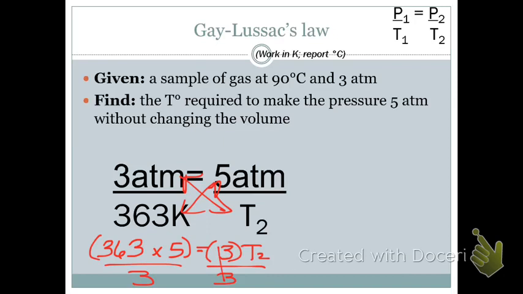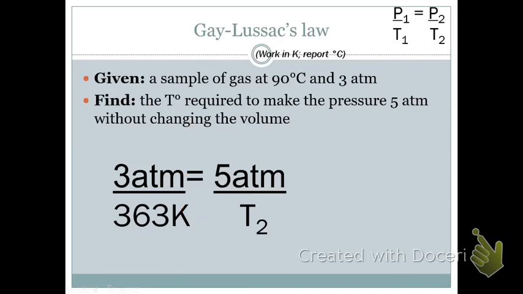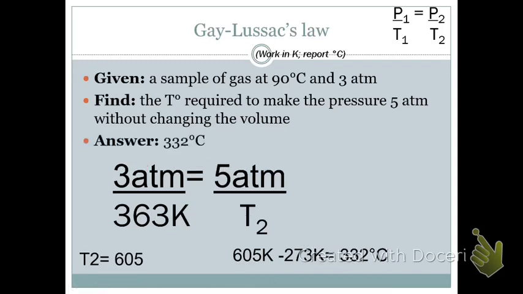Press your equal sign, and that is going to give you 605. Remember that that is actually K, so you have to subtract 273 from that, and that is going to give you a degree Celsius, and in this case your answer is going to be 332 degrees Celsius. Again, I gave it to you in degrees Celsius, you give me back degrees Celsius.